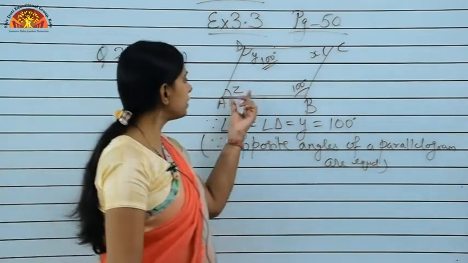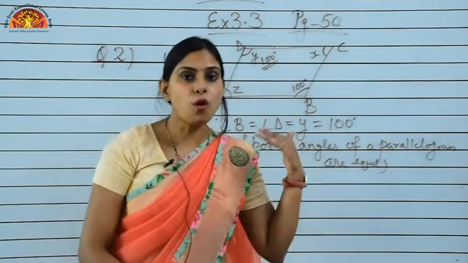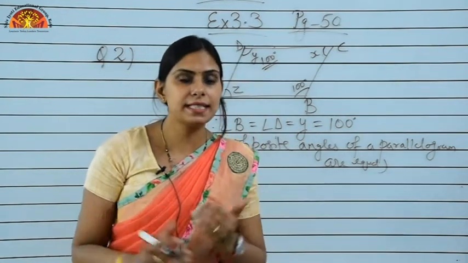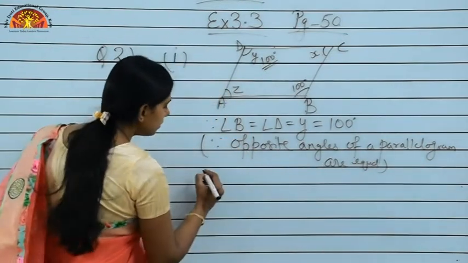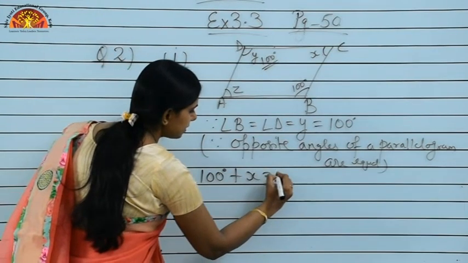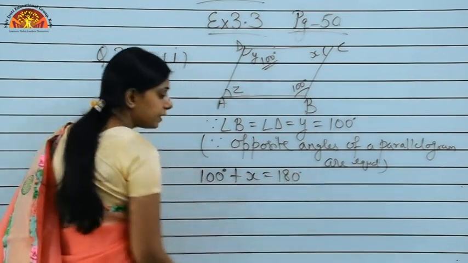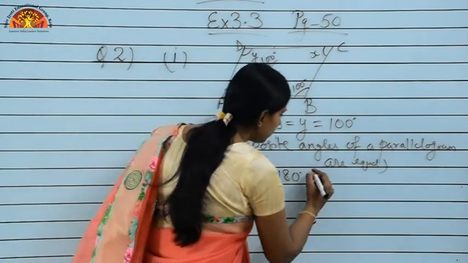Now you have to find the measure of angle x and angle z. Children, as you already know, the sum of adjacent angles in a parallelogram is supplementary. So we can write over here 100 degrees plus x is equal to 180 degrees. It is mandatory to write the reason. So we'll mention the reason over here.